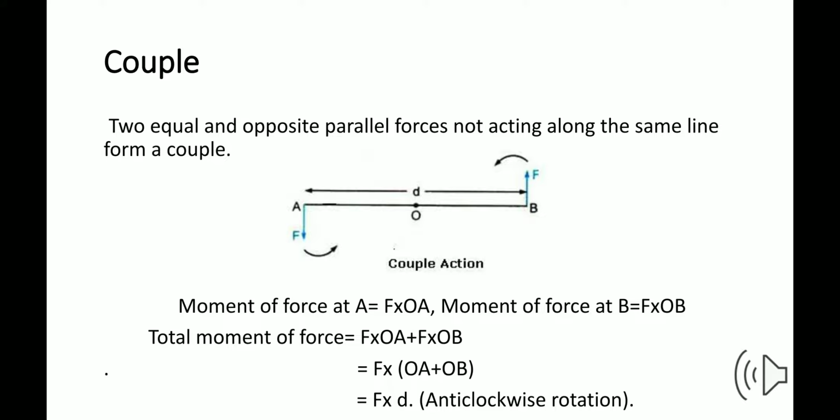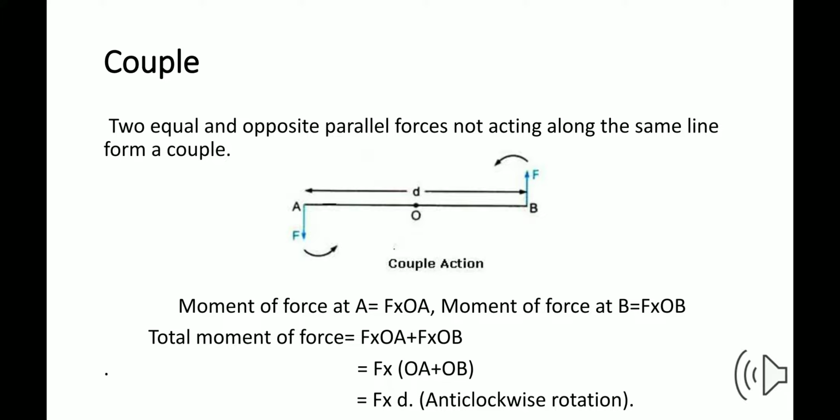So the moment of force at A will be F into OA, where F is the force and OA is the distance from the fixed point to the line of action of force. Then the moment of force at B will be F into OB. So the total moment of force will be F into OA plus F into OB.